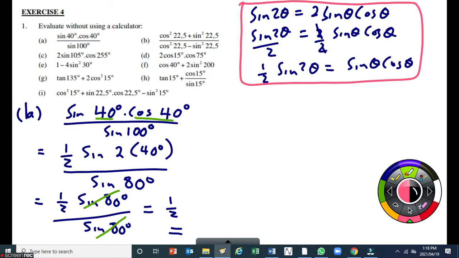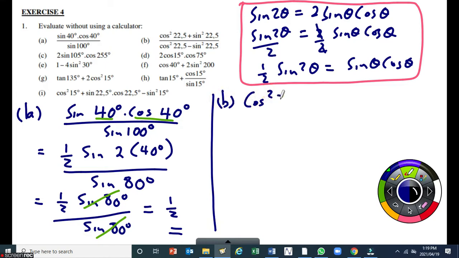Unfortunately, I can't do every question. So I've done one with a fraction. We can also do B. Let's do B, because I know that the ones with fractions look scary, but some of them are so easy.